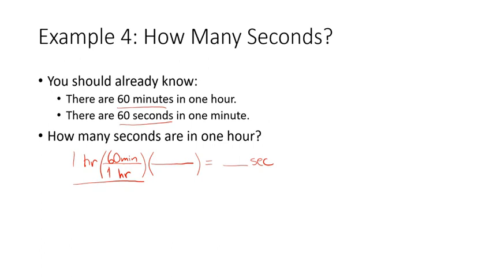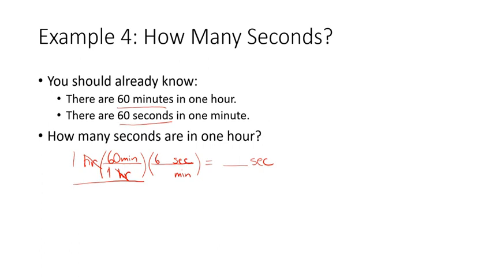1 times 60 is 60. And here, hours divided by hours, when we divide units, just like when you divide numbers, when you divide units by itself, it just divides away to 1, and those units go away. We're going to do the same thing to convert from minutes to seconds.